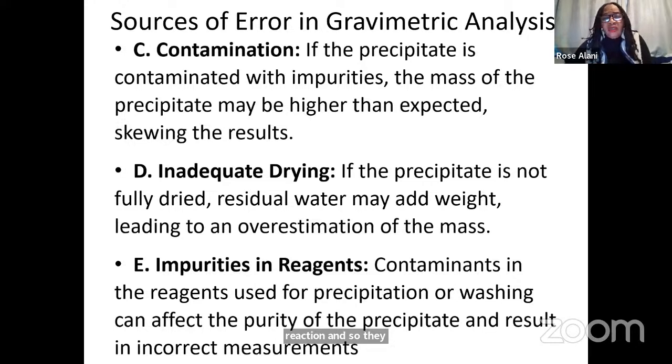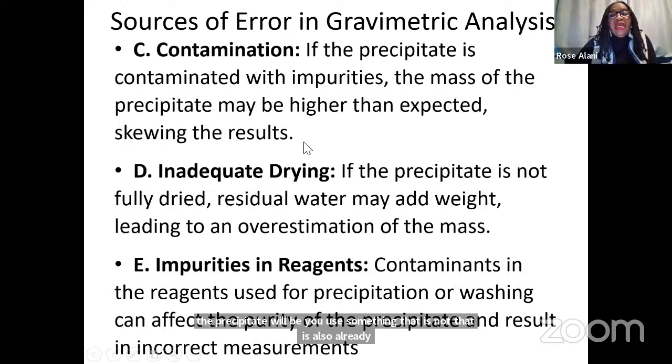Or washing can affect the purity of the precipitate. Maybe you use something that is also not pure. So those are the sources of error in gravimetry.